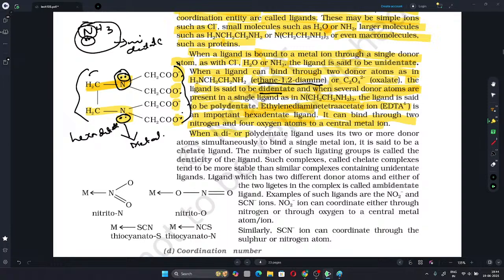When a di or polydentate ligand uses its 2 or more donor atoms simultaneously to bind a single metal ion, it is said to be a chelate ligand.